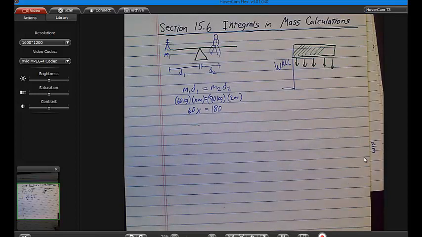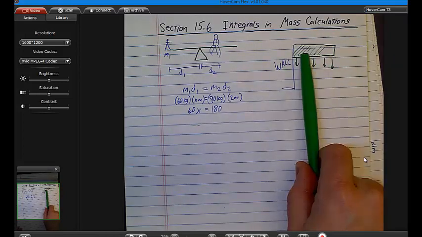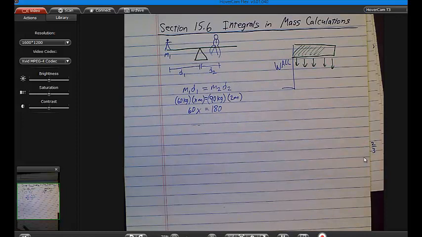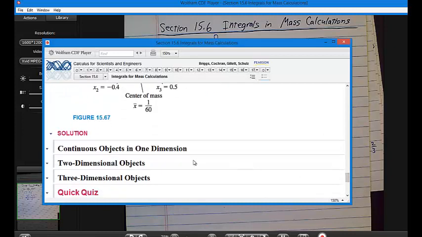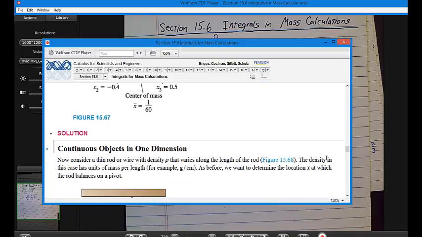So if the whole thing has mass, this is where instead of adding up the 4 points or the 2 points to get the center of gravity, we want to integrate. And that's what the book is going to get at next. So as we work through that, continuous objects in 1 dimension. Here we go.